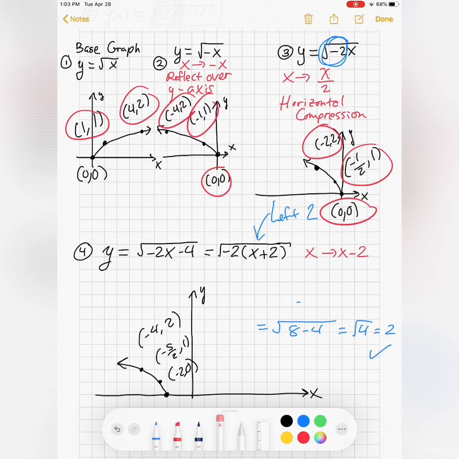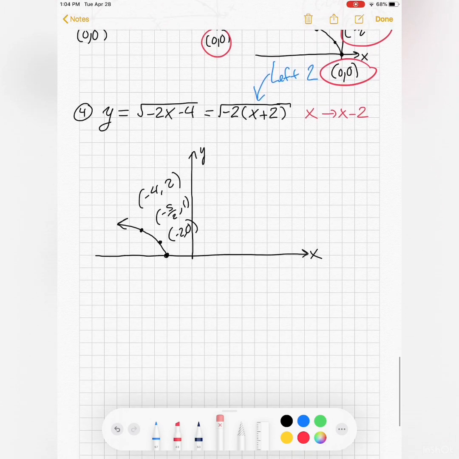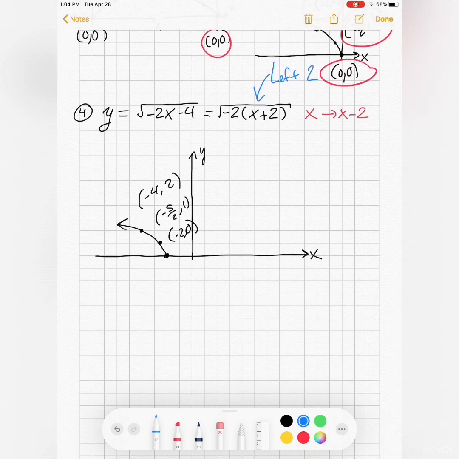So this is one where if we did not follow the order, we actually would not arrive at the correct graph. I don't know, let me just try to illustrate. So what if a student was like, okay, let me take this, I'll graph square root of x, then I'll go ahead and do my shift left.